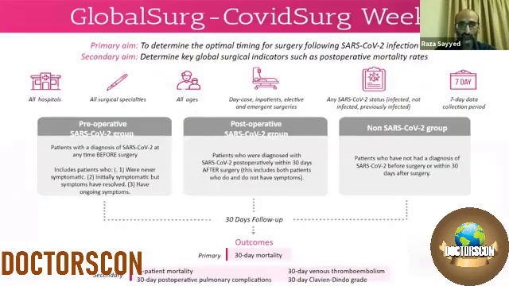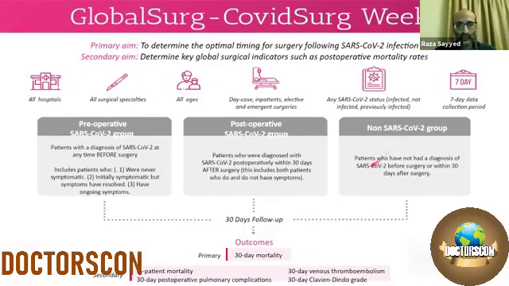So this study basically will be looking at the diagnosis of SARS-CoV-2 in one group who have the diagnosis confirmed preoperatively. The second group is patients who have actually acquired this infection in the post-operative period, and the third group is those patients who do not have SARS-CoV-2 diagnosis either preoperatively or after surgery.